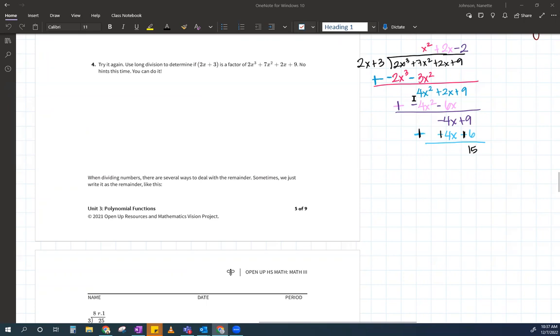So my answer is going to look like this. It's going to be x squared plus 2x minus 2, remainder 15, right? Remainder 15.